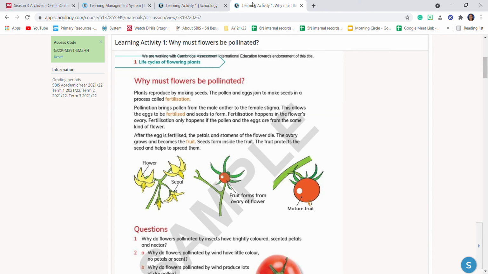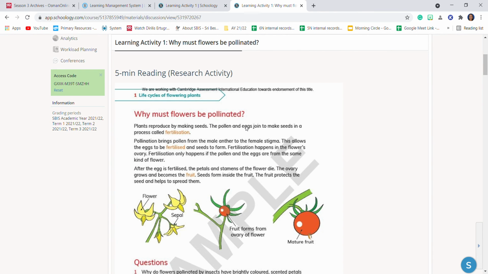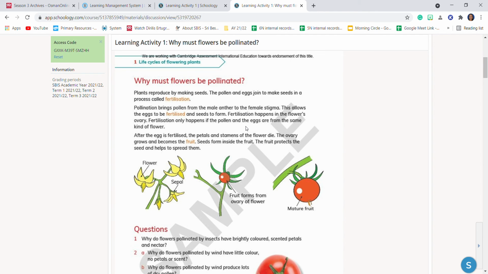Okay. We also had a research activity again. When you read your book, page 12, it's all about why flowers must be pollinated. After learning about pollination, we tried to reflect on what reproduction is and what processes are involved in the reproduction of plants.